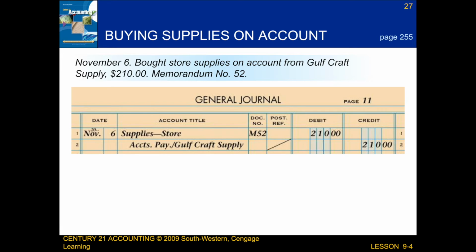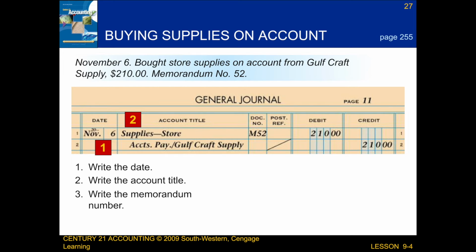Alright, so when we journalize a transaction related to buying supplies on account, there are a few steps that we follow when doing this process. First, we write the date, which is November 6th, in the date column. Next, we write the account title, which is supplies-store, in the account title column. After that, we write the memorandum number, which is M52, in the document number column.